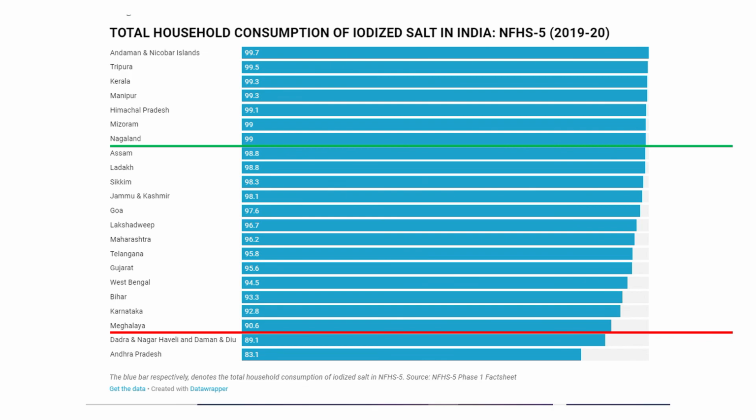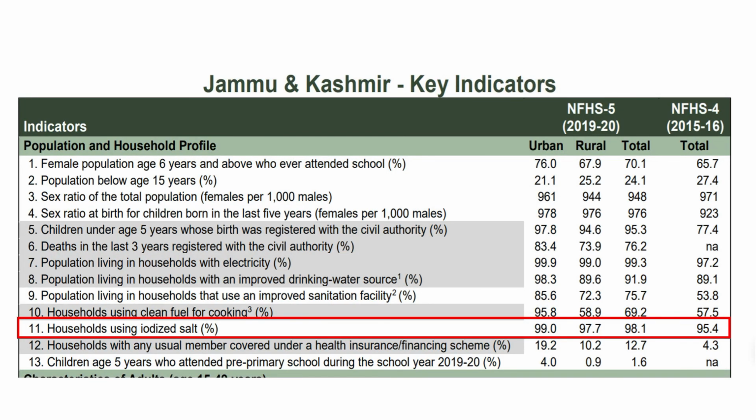iodized salt consumption. Among the states which have high consumption of iodized salt include Jammu and Kashmir, where we see that 99% of our urban population takes iodized salt, and a bit lesser, that is 97.7% of the rural population, is taking iodized salt.